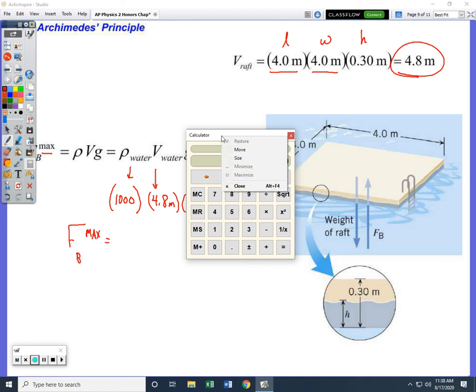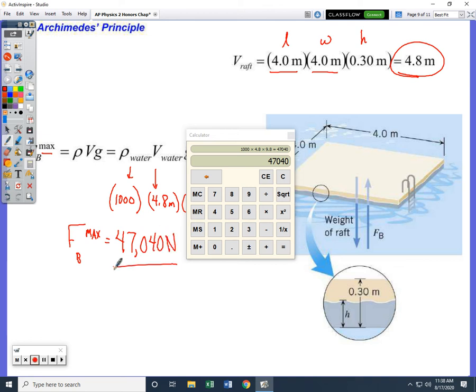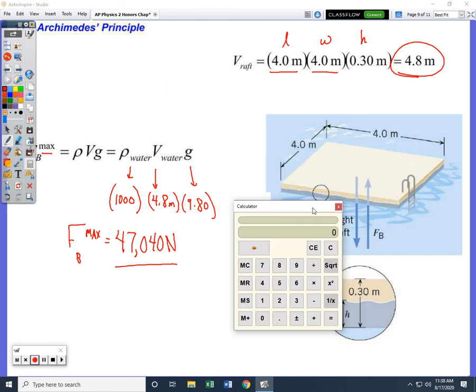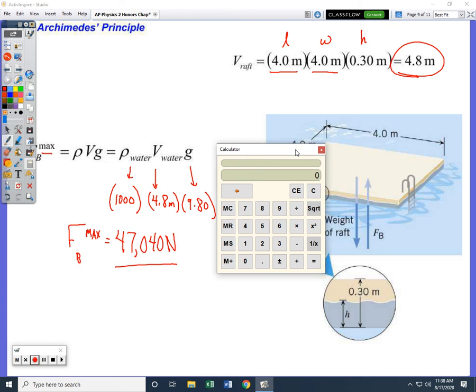So I take 1,000 times 4.8 times 9.8. And we get 47,040 newtons of force. So that's if we got the entire raft in the water. This is how much that it would actually be pushed up with.